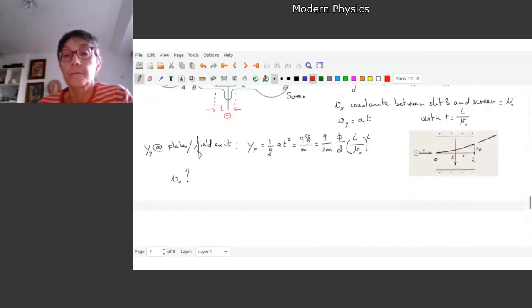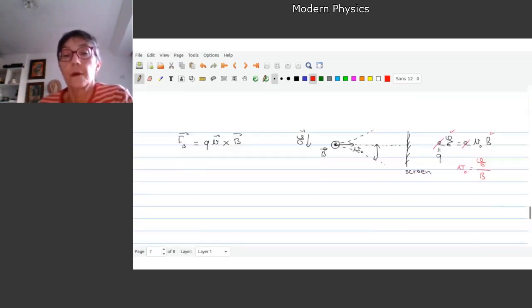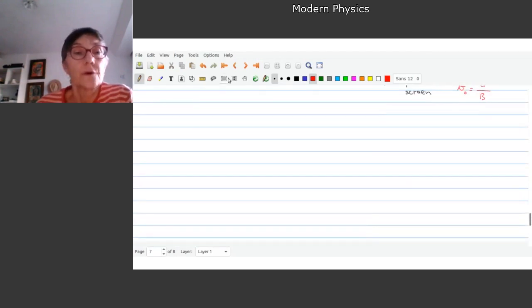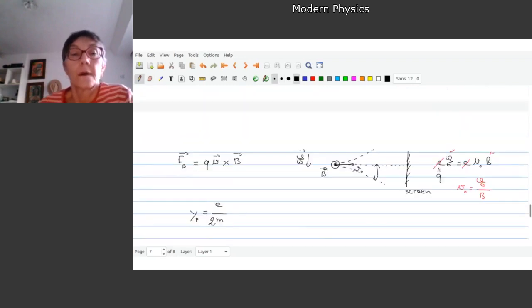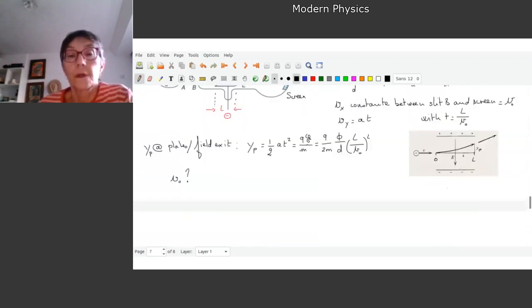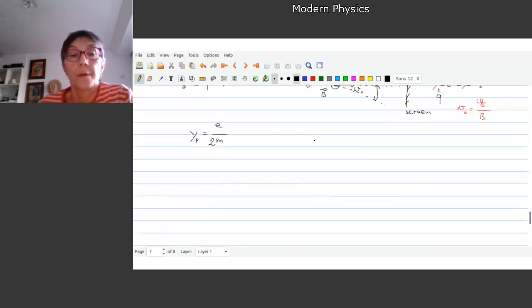So you can substitute here with this one, and so you will have yp equal to QE over M.